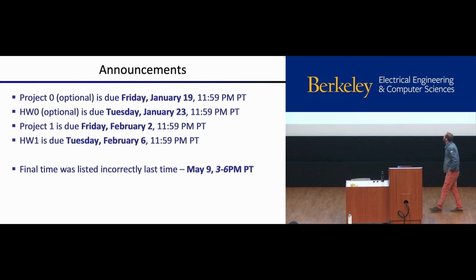So, few announcements, homeworks and projects coming up. You can see the dates up there. Just a quick comment on homework and project 0, which are optional. Why on earth would you do an optional homework assignment? The math is a little heavier in the second half of the course.